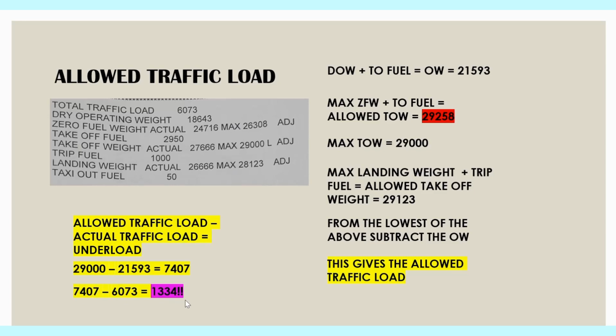So here are two different ways of working out the underload, and nobody can tell you otherwise. It's very important that you understand these calculations. They are very simple to do. The more you do them, the better you become, because load sheets can be given to you in haste. They can come incorrect.